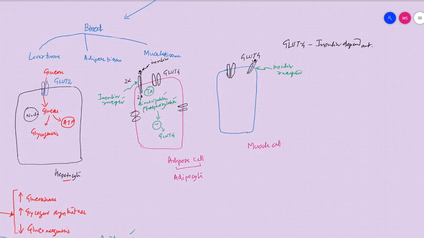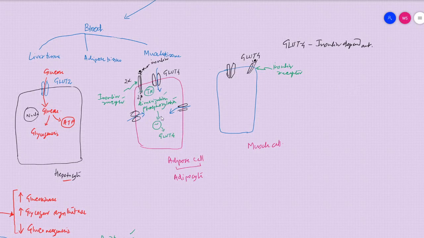So as a result, what happens? More and more glucose enters. Okay, so more and more glucose enters into the adipose cell. And again, this cell, what is the fate of the glucose that enters? It will undergo metabolism, or it will be converted to other components within the adipose tissue.